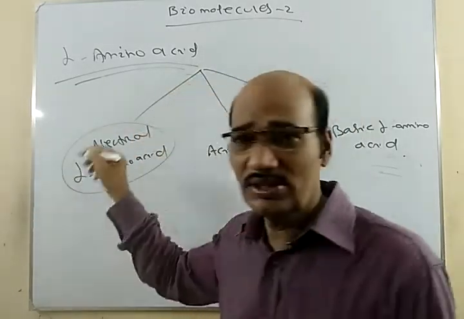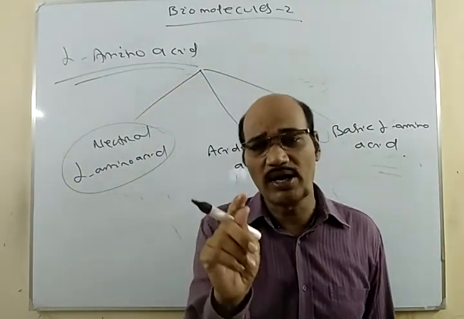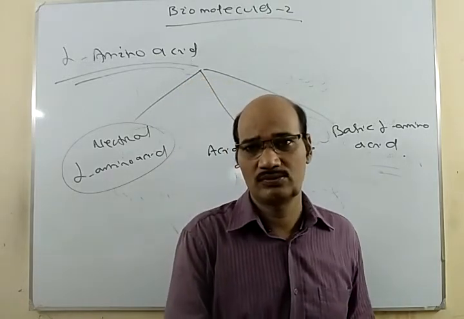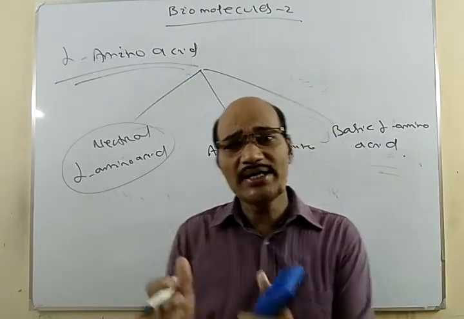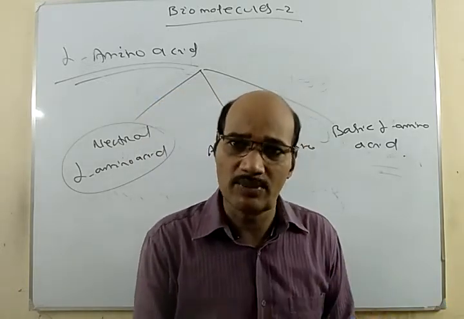Neutral are those where we have only one NH2 group and one COOH group. If we have only one NH2 and one COOH group, that is called a neutral alpha amino acid.